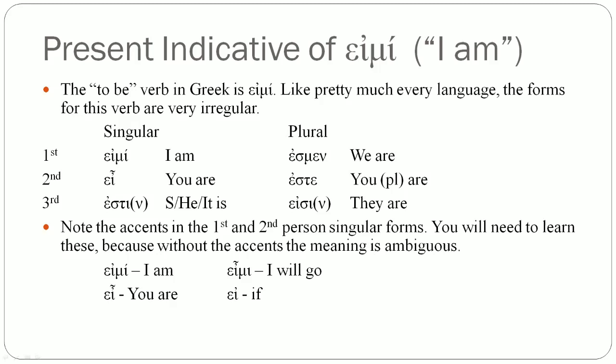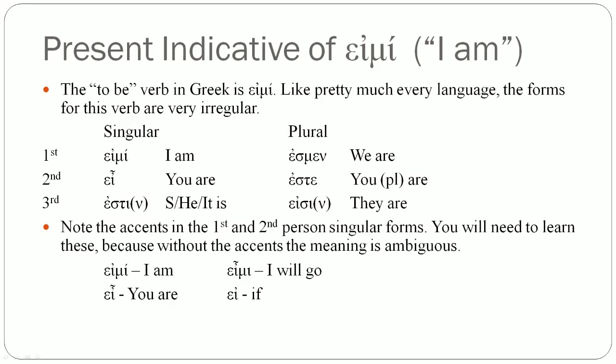Second person singular, epsilon iota with a smooth breathing mark. Okay, and that little tilde or squiggle there, that is what we call a circumflex accent. I am going to ask you to memorize the accent placements for the first person singular and second person singular of this verb, eimi, and I'll get to why that is, or you can just read it there on the bottom of the slide.